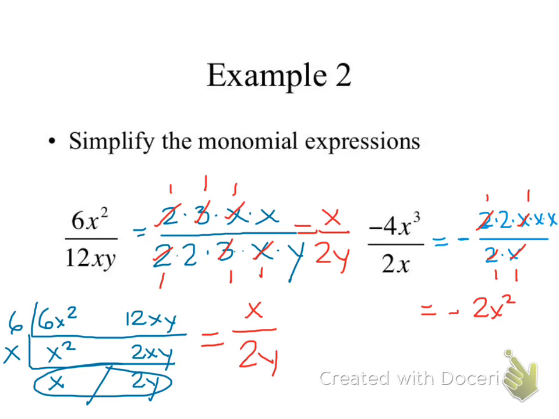Or all over x. I'm going to also do the ladder method. In this case, we'll have 4x cubed and 2x. I'm going to just factor out the GCF, which is negative 4x.